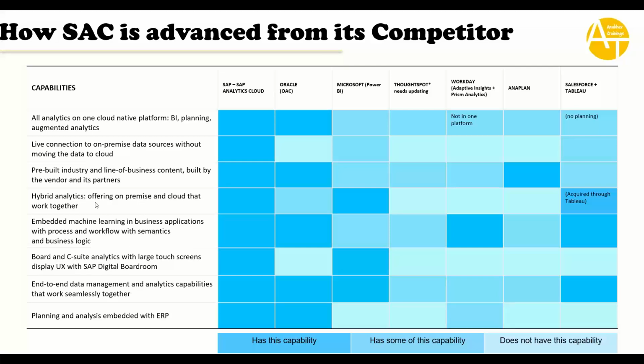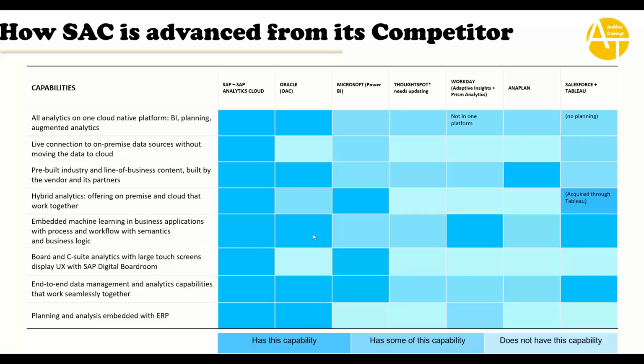Then we have hybrid analytics offering, where you can do cloud to cloud and cloud to on-premise, with multiple data sources coming together to build a single dashboard for experiencing the data. This is where Analytics Cloud, Power BI, and Tableau have high capability. Then we have embedded machine learning for business processes and workflow with semantic business logic.